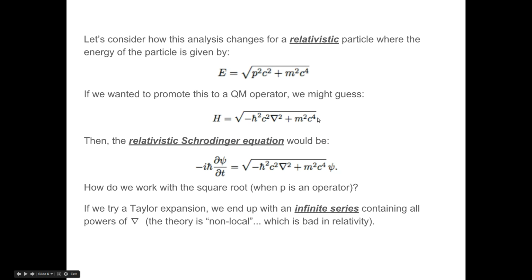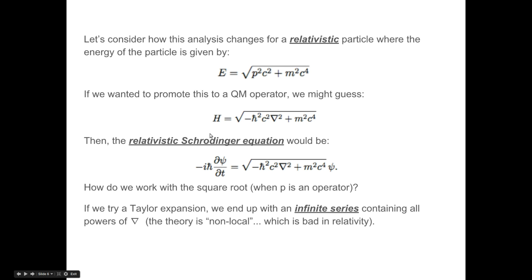And you say, okay, that's no big deal. But think about it. We've never encountered an operator like this that is inside of a square root. That square root was the main roadblock for theorists who were trying to put these two theories together. They didn't know how to deal with it.